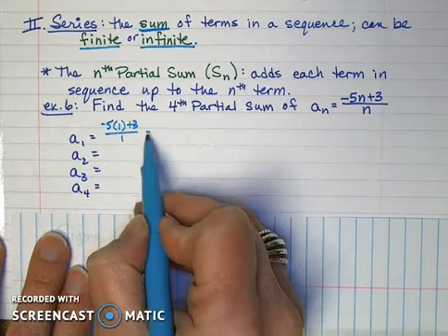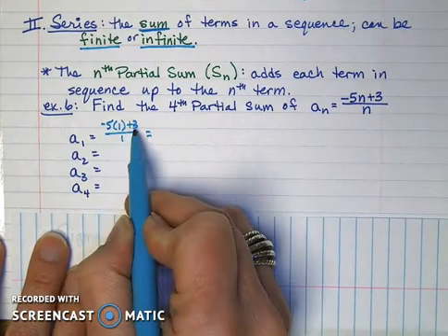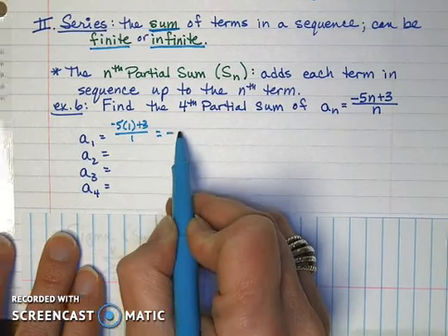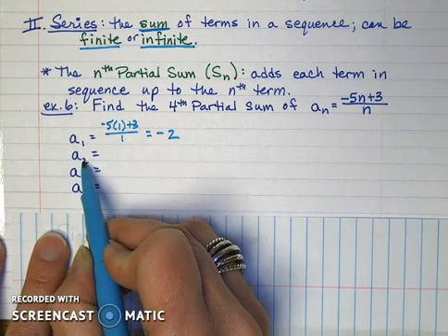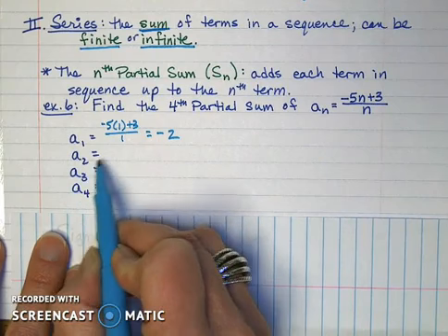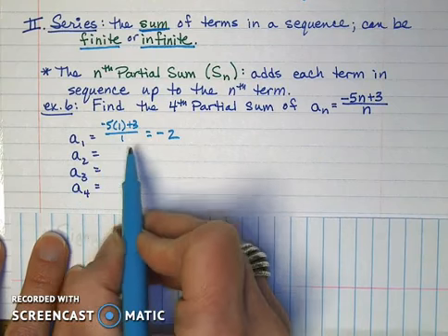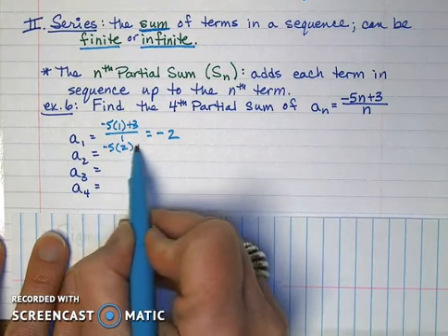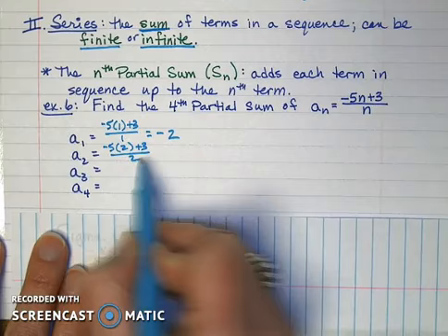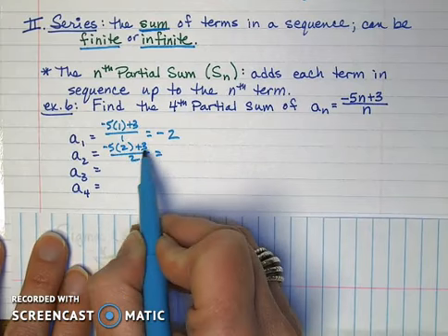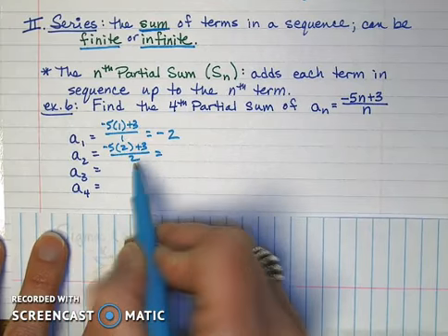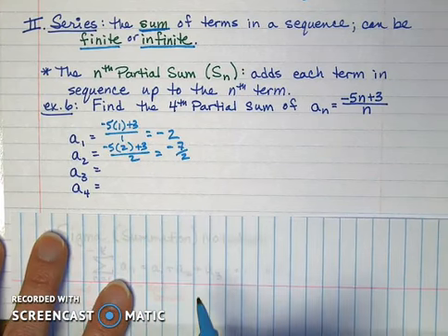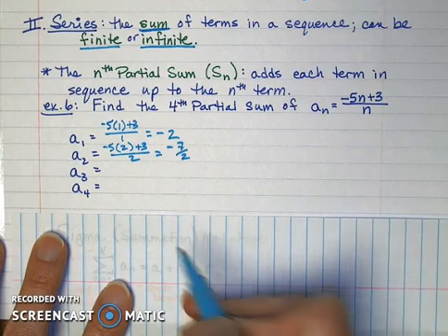That would be negative 5 plus 3 is negative 2 divided by 1. The second term, we're going to plug a 2 in for n. So we're going to have negative 5 times 2 plus 3 divided by 2. That's negative 10 plus 3 is negative 7 divided by 2. I'm going to go ahead and leave that as a fraction. You can make it a decimal if you'd like. That may be easier for you.